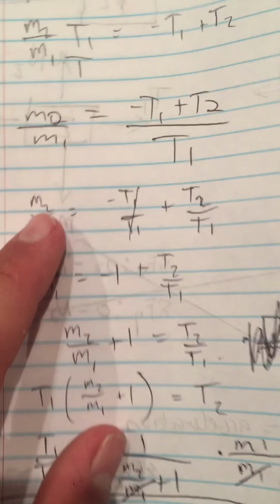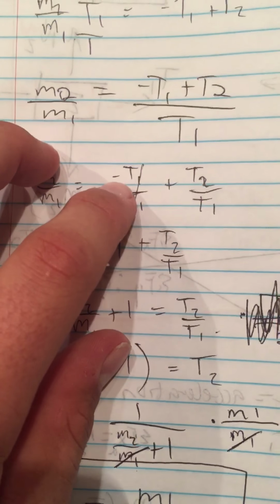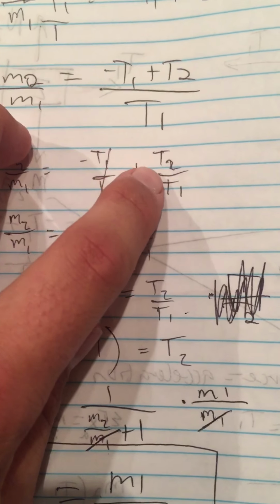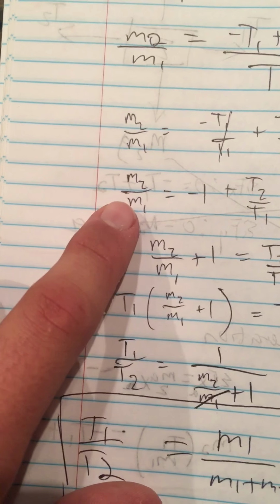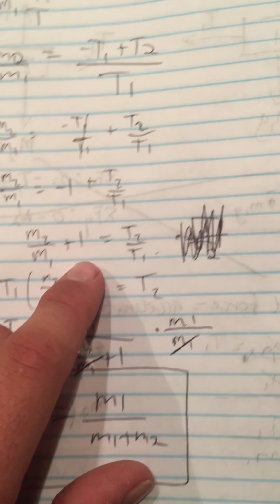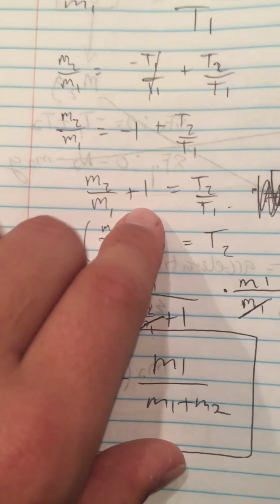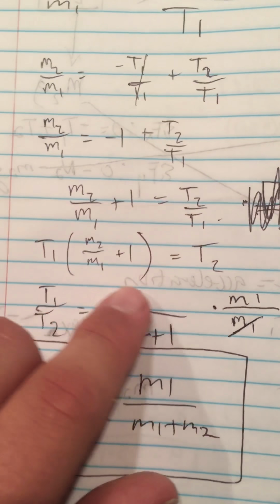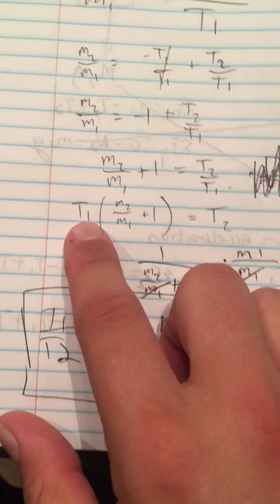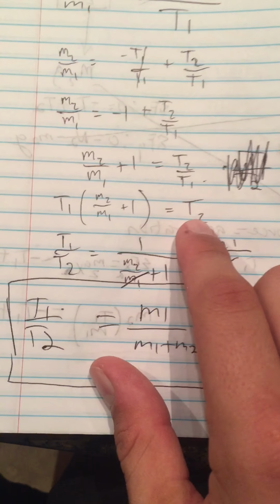Then M2 divided by M1 equals negative T1 divided by T1 plus T2 divided by T1. That gives us M2 divided by M1 equals negative 1 plus T2 divided by T1. So M2 divided by M1 plus 1 equals T2 divided by T1, which converts to T1 times (M2 over M1 plus 1) equals T2.